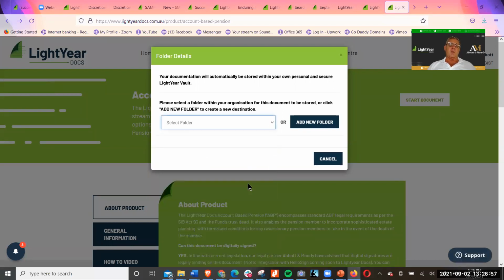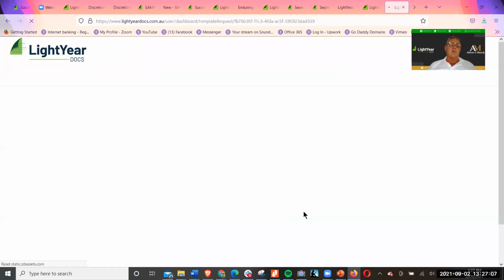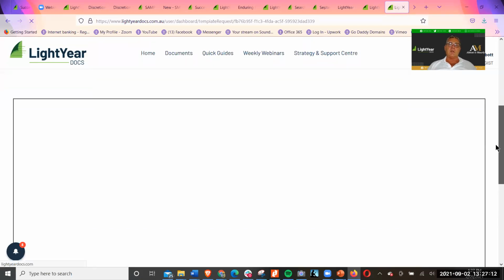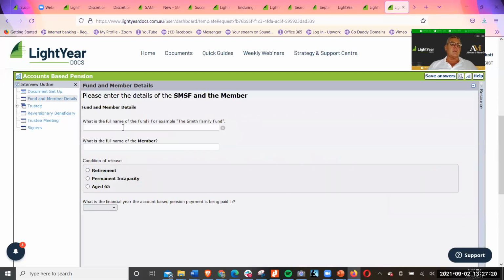But this will actually be good because we're going to build this really quickly. Because I haven't saved it, it's going to go through, so it's okay. In fact, see if you can predict what I'm doing. So Smith Pension, Abbott-Morley. Okay, fund member details.